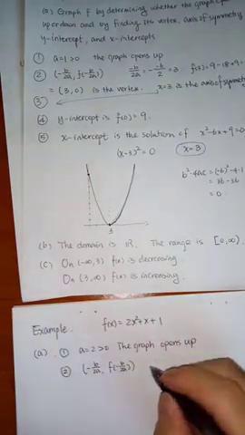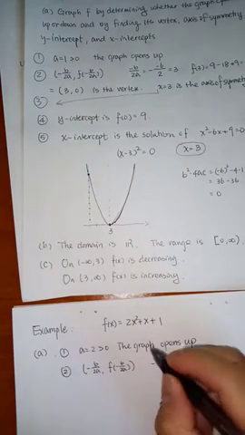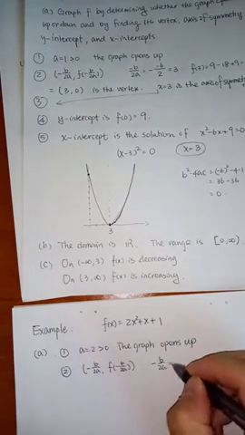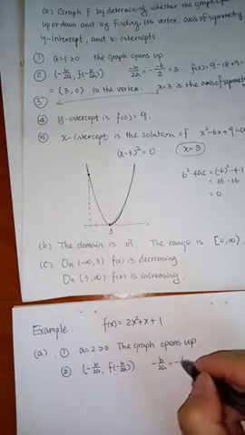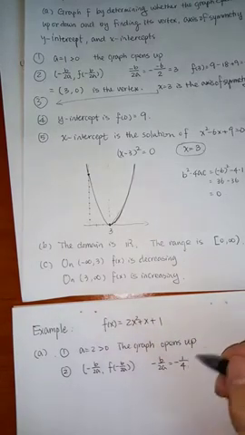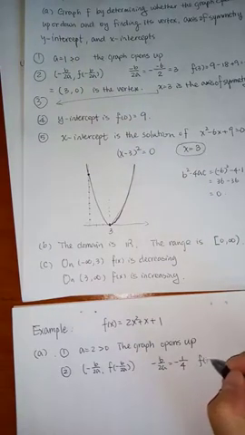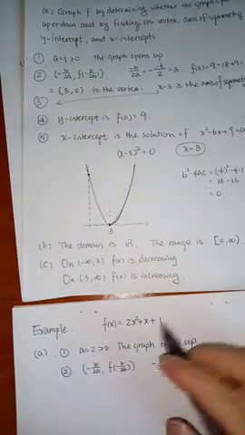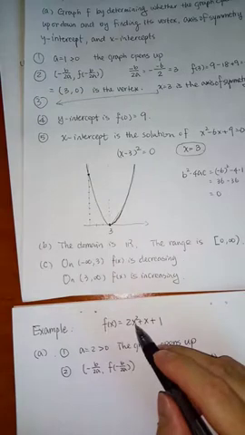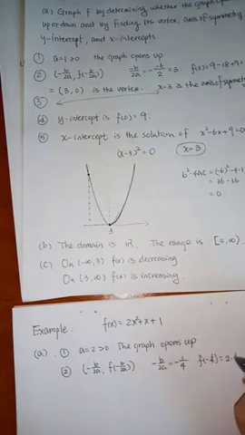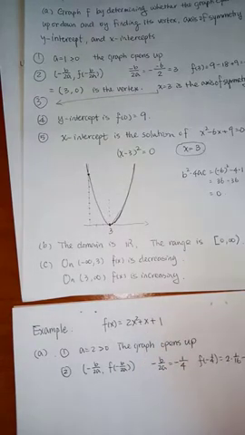Negative b over 2a is negative 1 over 4, since b is 1 and a is 2. f of negative 1 over 4: negative 1 over 4 squared is 1 over 16, plus negative 1 over 4, plus 1.